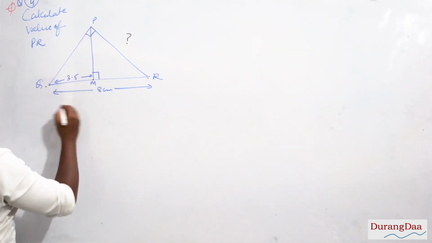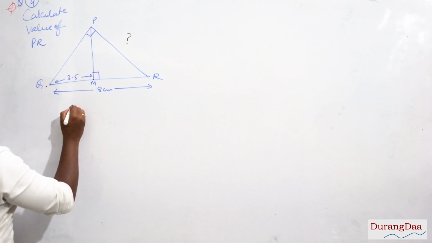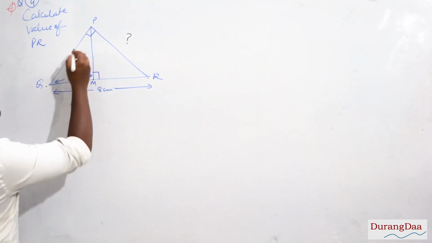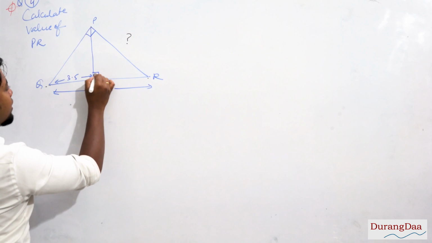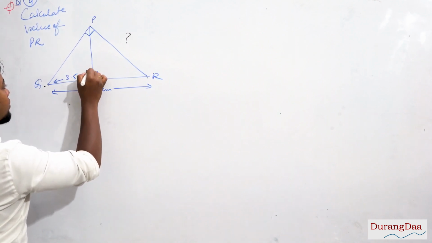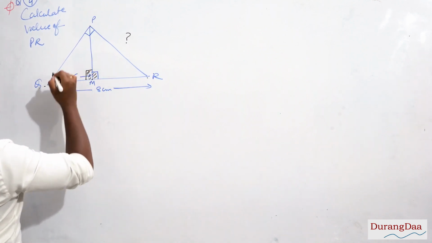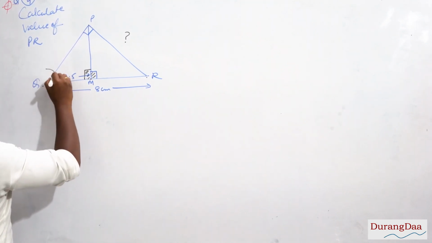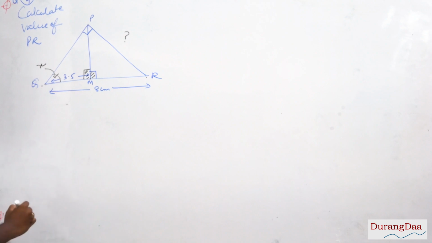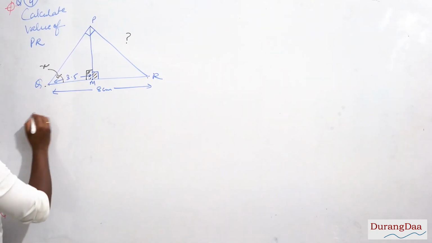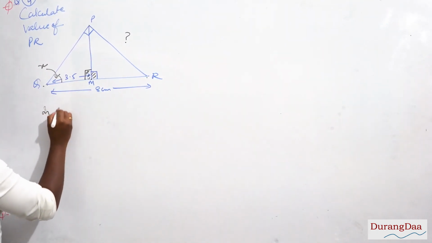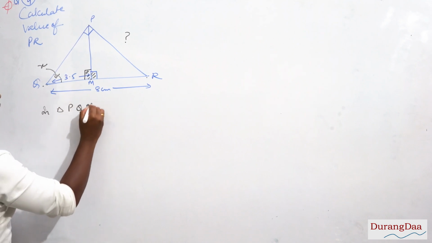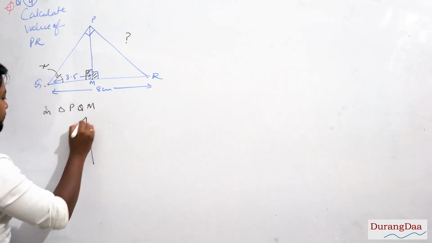Triangle PQM, let me draw it separately. If this is 90 degrees, this angle is also 90 degrees. Let us assume that this angle is x. Now move on to this triangle. In triangle PQM, let me draw the figure once more.